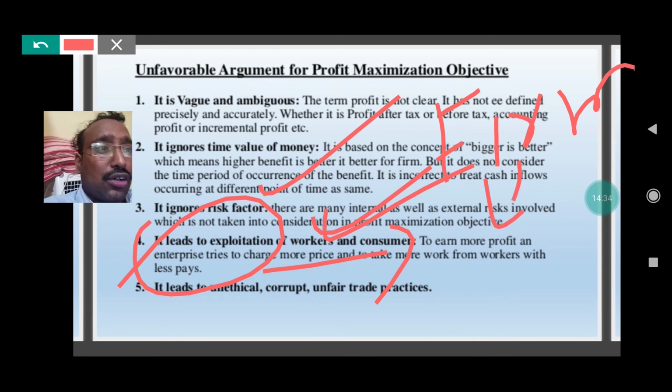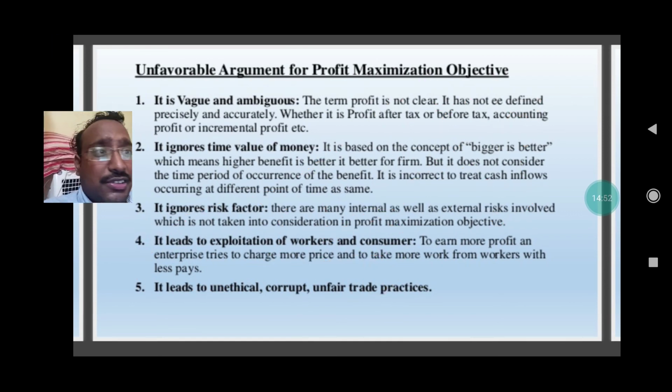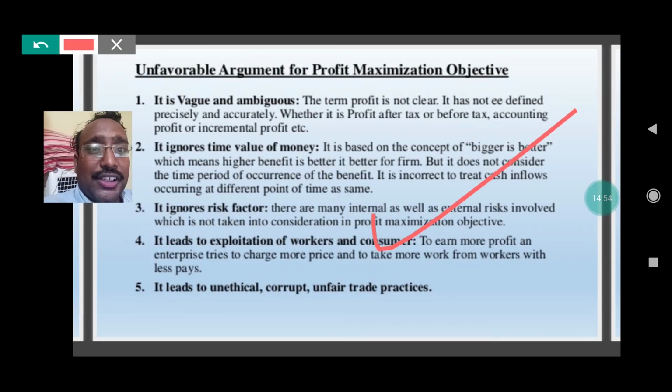Like you are not supposed to give remuneration to your employee, you are not supposed to give dividend to your shareholder, you are not supposed to pay tax to the government, like that. Your intention is only to increase your firm's profit. Others we don't know. So there is a chance to exploit others. In simple words, there is exploitation of others in profit maximization.